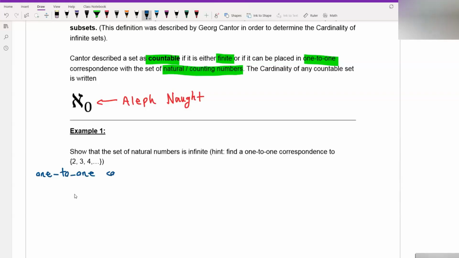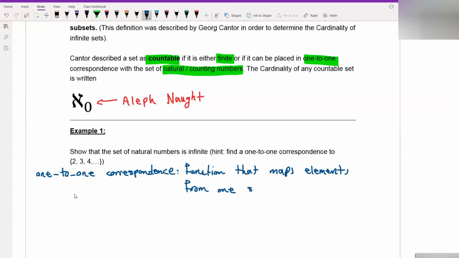So, one-to-one correspondence: what that means is we have to find a function that maps our members or elements from one set to another set.